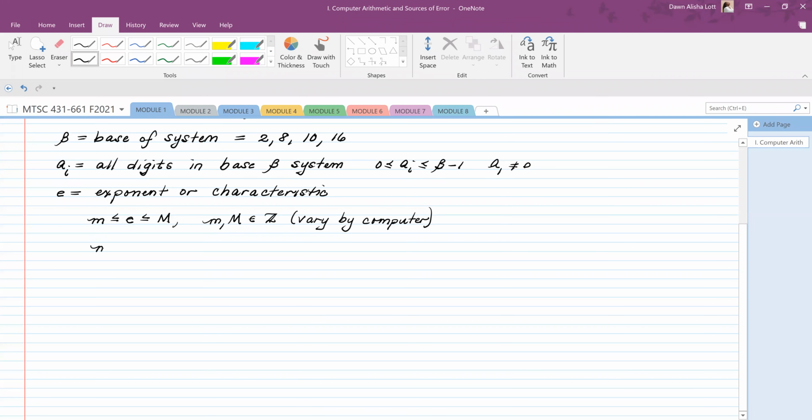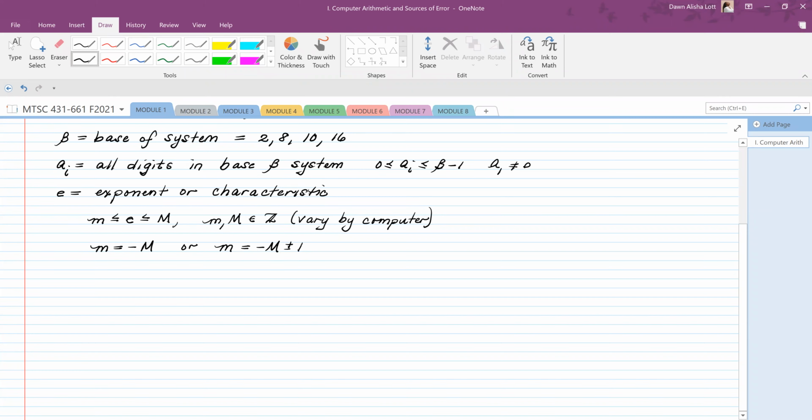Usually little m is minus capital M, or sometimes little m will be minus capital M plus or minus 1.